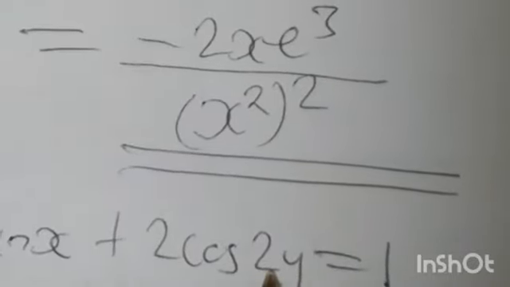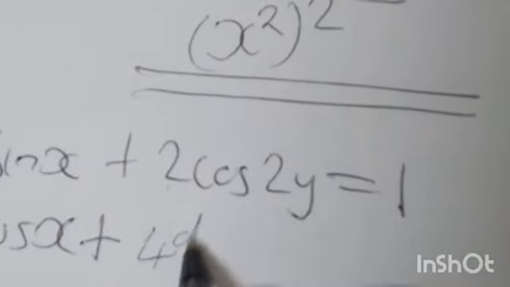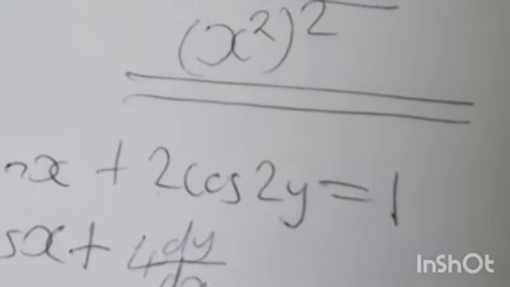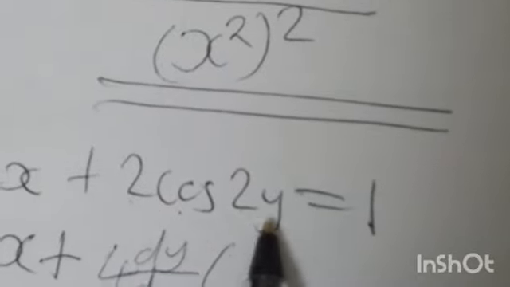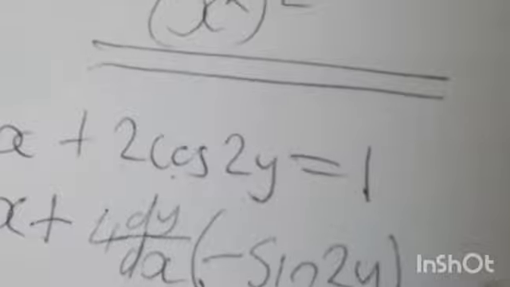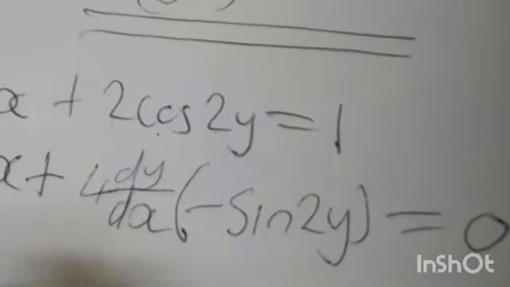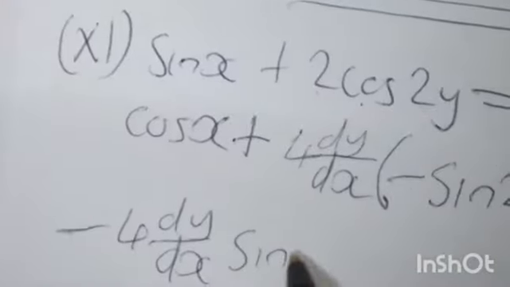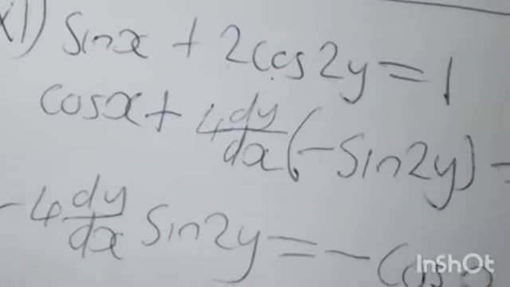So 2 dy over dx multiplies with this part, which will be 4 dy over dx, multiplied by the differentiation of the entire function, cos 2y, which is negative sin 2y, is equal to 0. So negative 4 dy over dx sin 2y is equal to negative cos x.